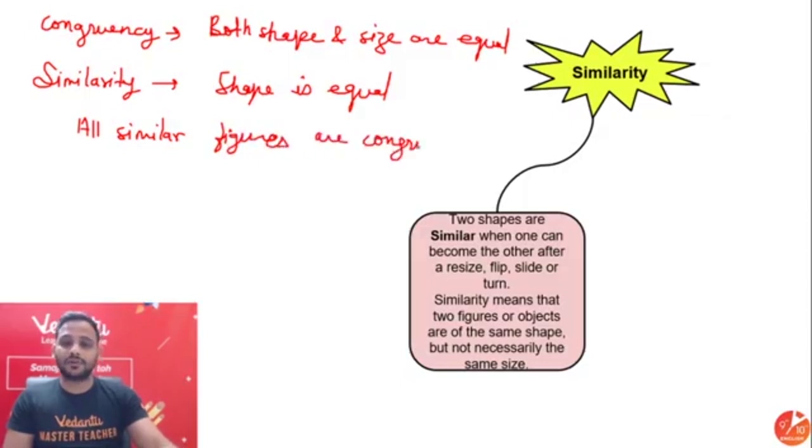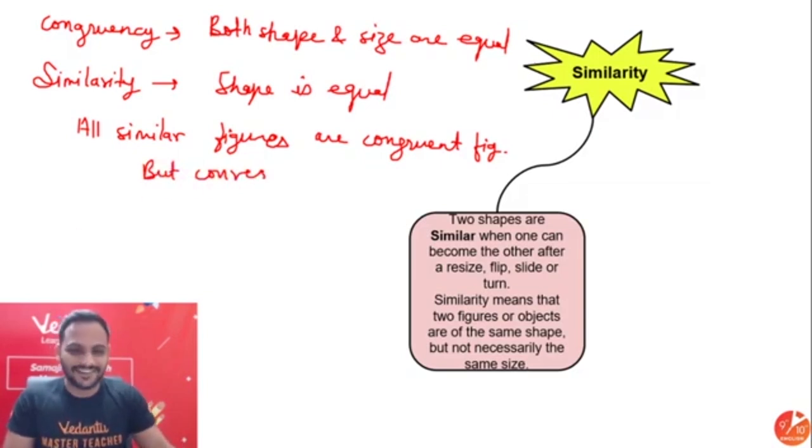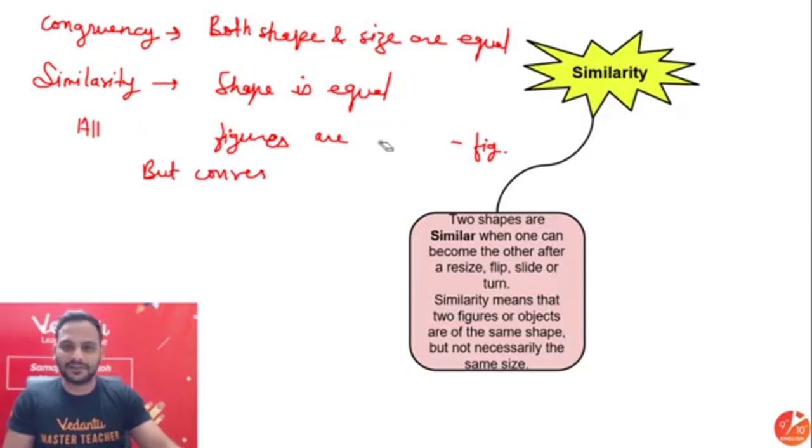So remember, beta, one important thing here: all similar figures are congruent figures, but converse is not true. Oh, sorry, I've written it wrong. All congruent figures are similar figures, but converse is not true.